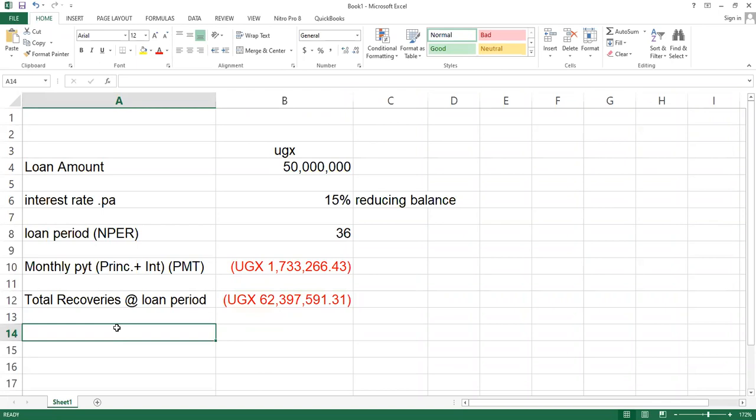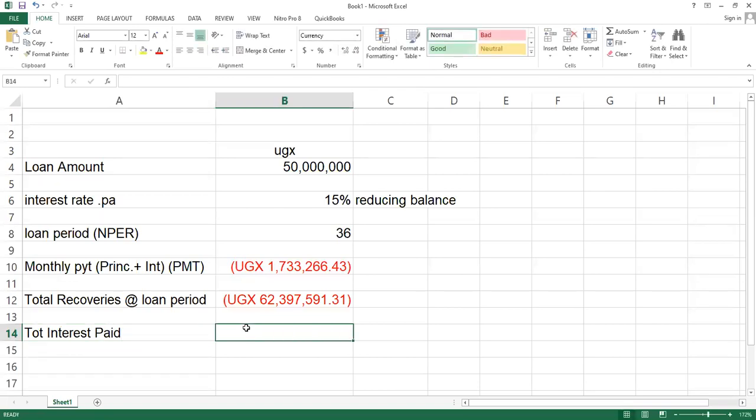What about the interest? How do I know the total interest that I've paid? Total interest paid. Now, for me to get the total interest, I need to get the total recoveries. I can add the loan amount. Let me add these two together. So that means that the total interest would be 12 million, the one that I would have paid at the end of the 36 months.